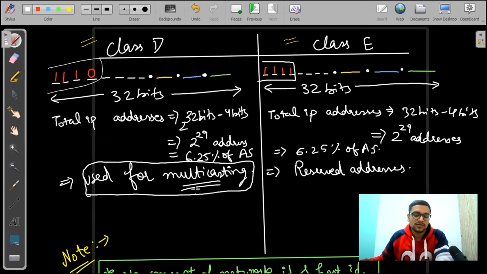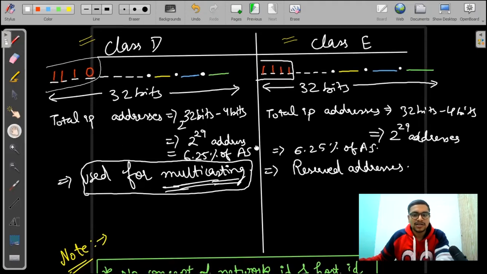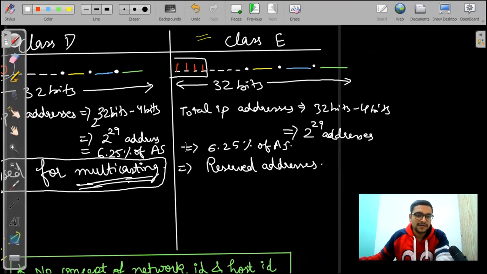In multicasting, each user who has been assigned a class D address will have a multicast address as well as a unicast address. The class E addresses are basically reserved addresses, reserved thinking that they will be used later in the future.